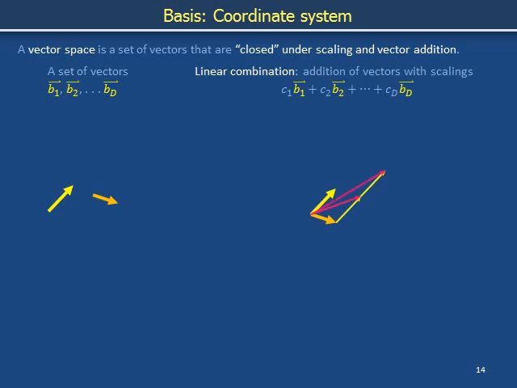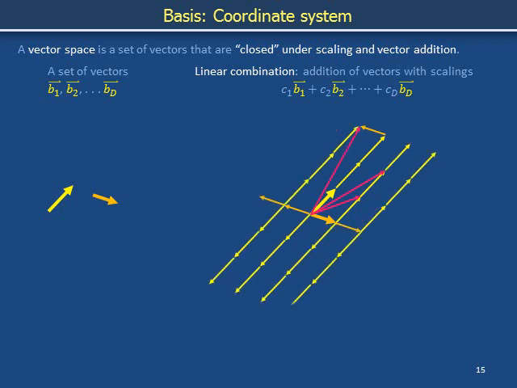This pink arrow is the linear combination constructed by doubling the length of the yellow basis vector and leaving the length of the original orange vector unchanged. This pink arrow is made using 3 copies of yellow and -1 copies of orange. Other pink arrows can be accessed on this grid.